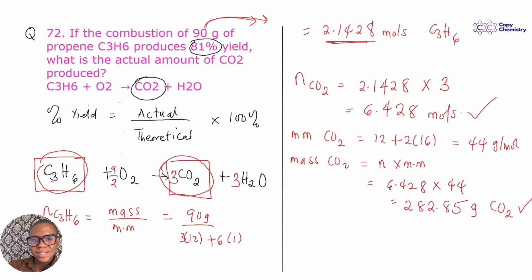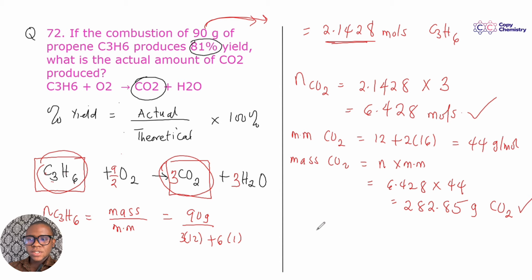You see this stuff I've calculated here now, 282.85. That stands as the amount of CO2 that will be produced by calculation, meaning that this is the theoretical yield. Does that make sense? So if that's the theoretical yield and we know the percent yield, it means that we're almost done with this question, right? So let's just plug that in.